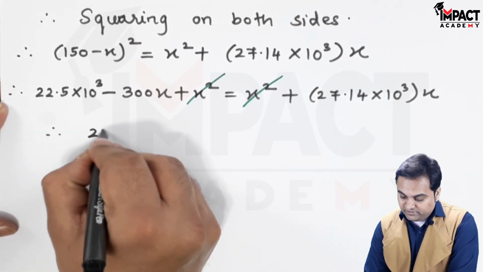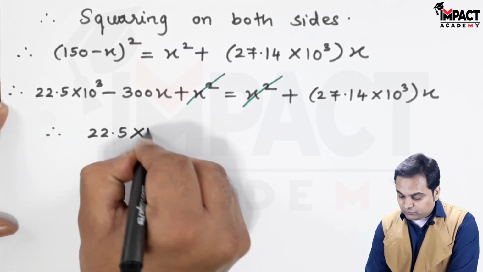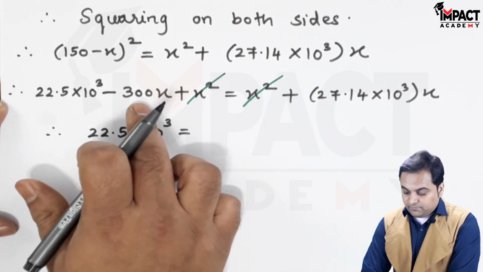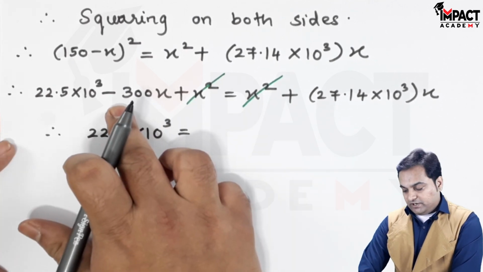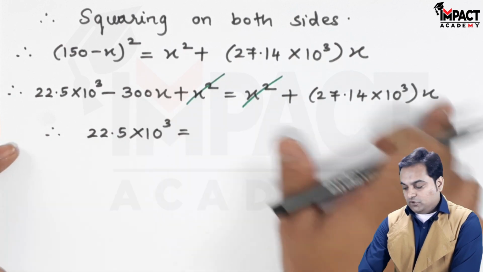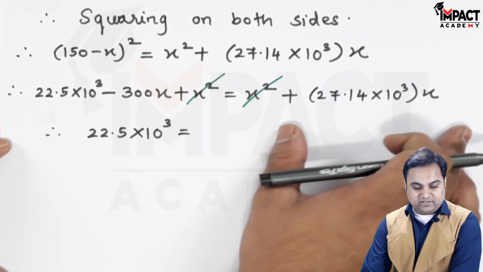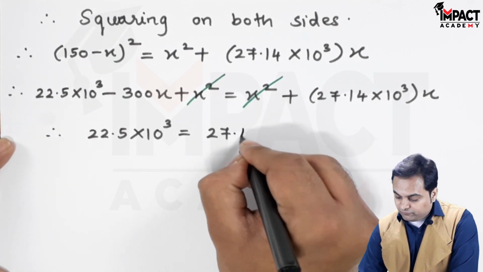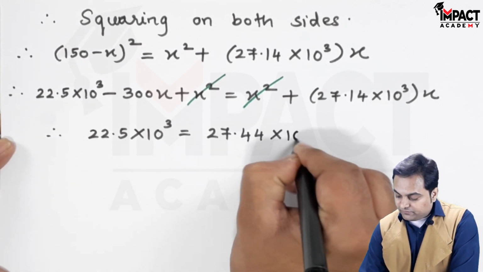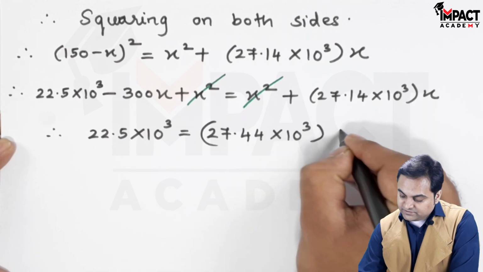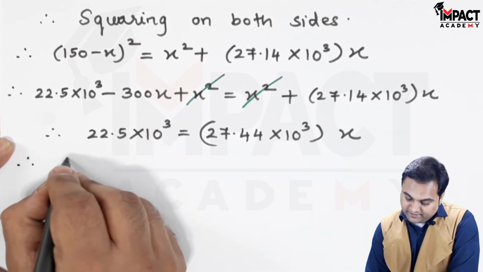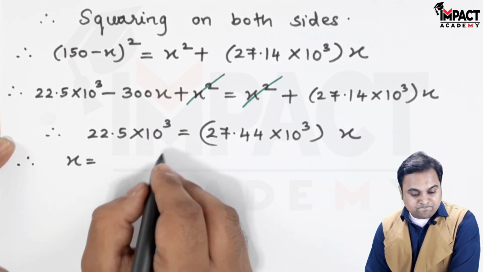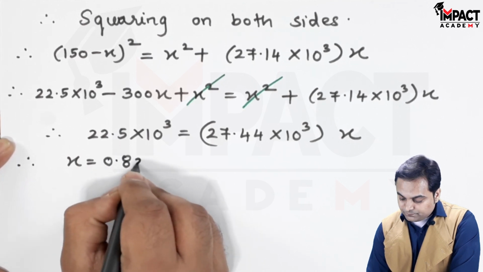Therefore here we have 22.5 into 10 raised to 3 on one side, minus 300 when it goes onto the other side, that is minus 300x will be added to this x term, and the answer is 27.44 into 10 raised to 3 x. So therefore x value will come out to be 0.82.